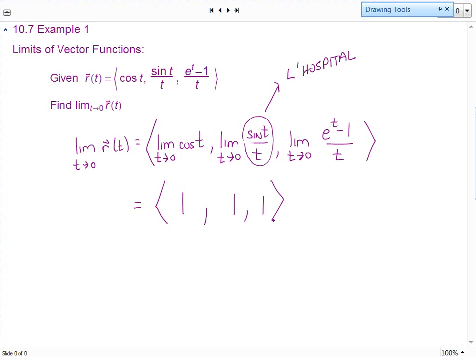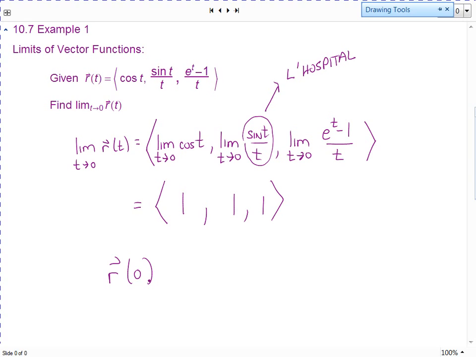But let me ask you, this is important. Is this vector valued function defined at 0? Is r of 0 defined? No, it is not. You cannot plug 0 into that vector valued function. What you can do, though, is get closer and closer to 0.